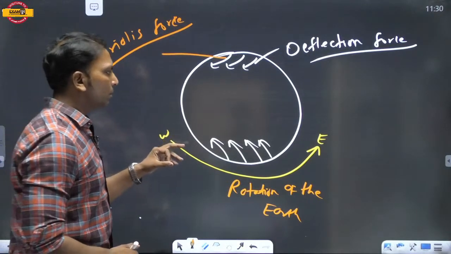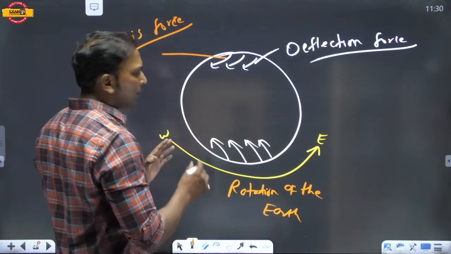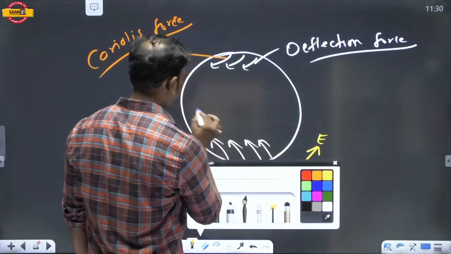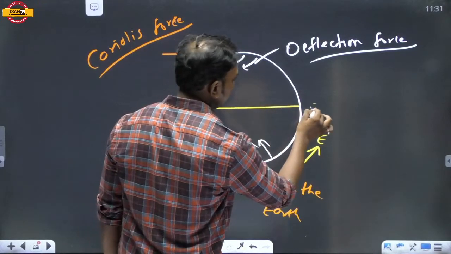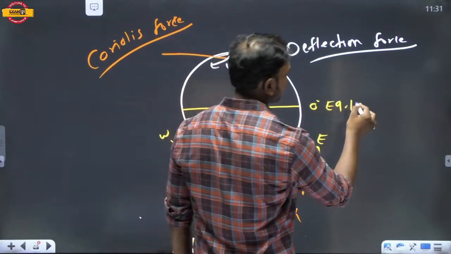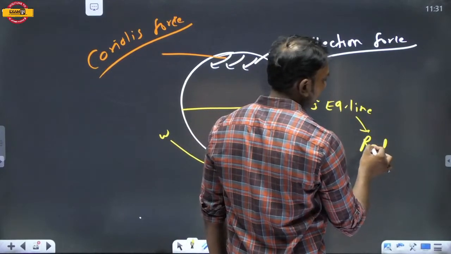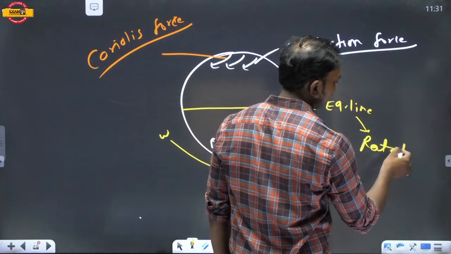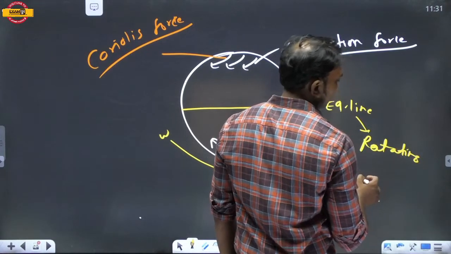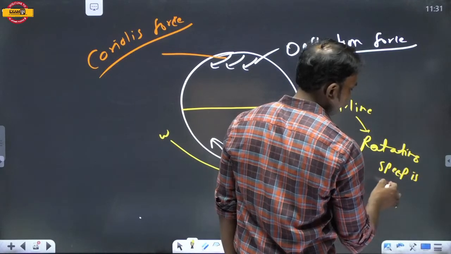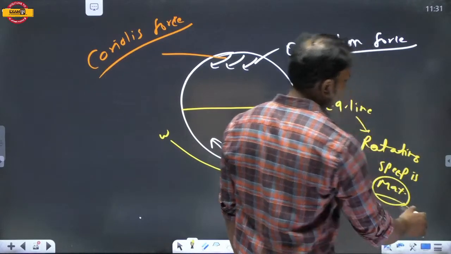So if the earth rotates from west to east, now you see at this juncture, here it is the 0-degree equator line. And at this side, the rotating speed of the earth is maximum. Rotating speed is maximum at this place.